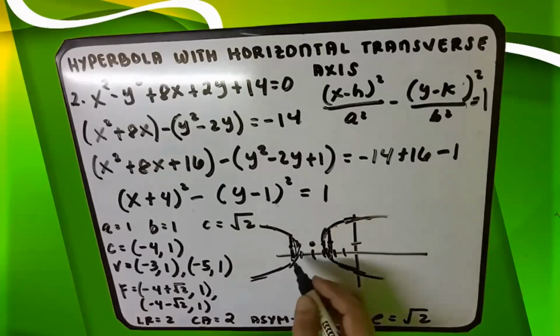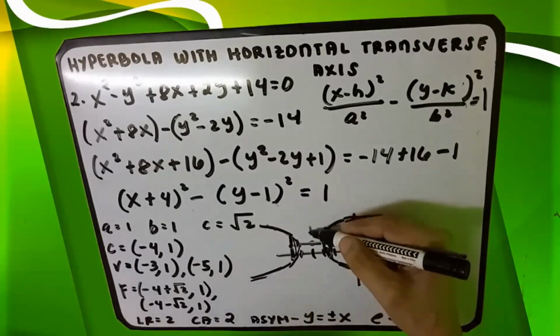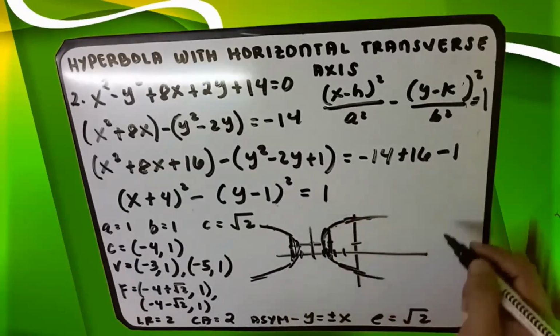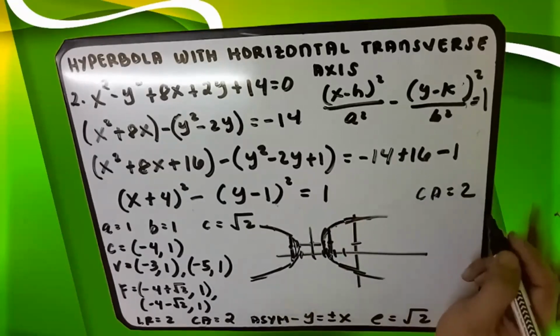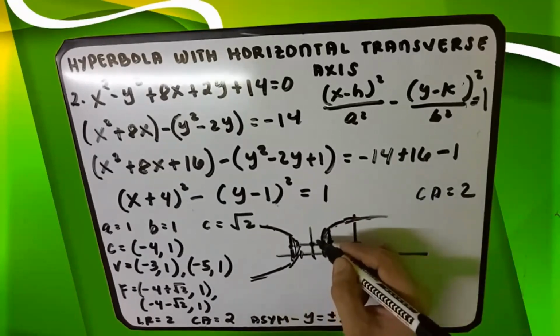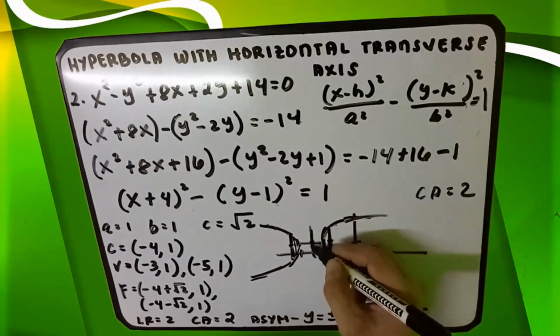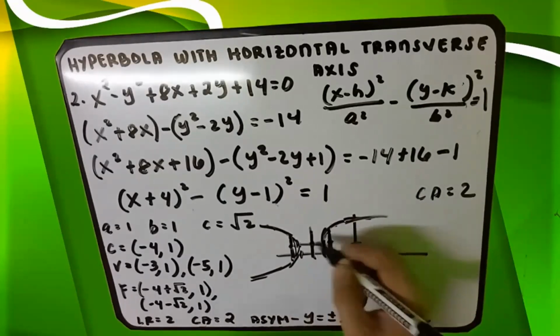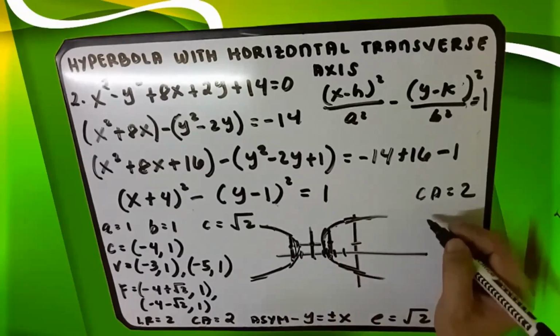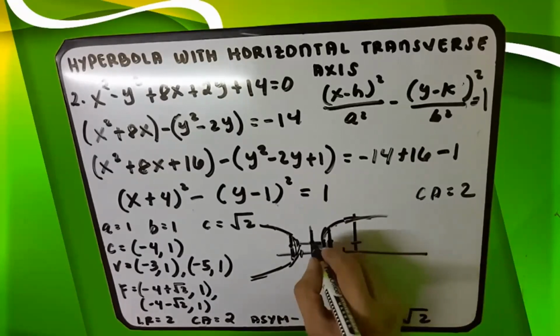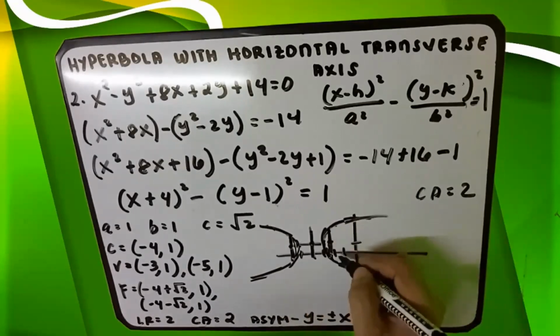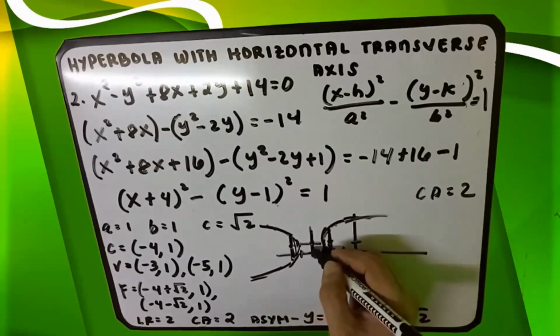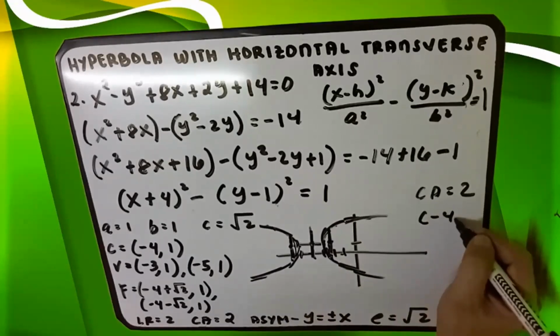For the conjugate axis, ito yung horizontal transverse axis natin. So ito ngayon yung conjugate. So since ang conjugate axis is equal to 2, so kung ito yung center, 1 unit sa taas, 1 unit sa baba. So para malaman natin yung endpoint niya, kung ang center ay negative 4, 1, automatic, that is negative 4 din.